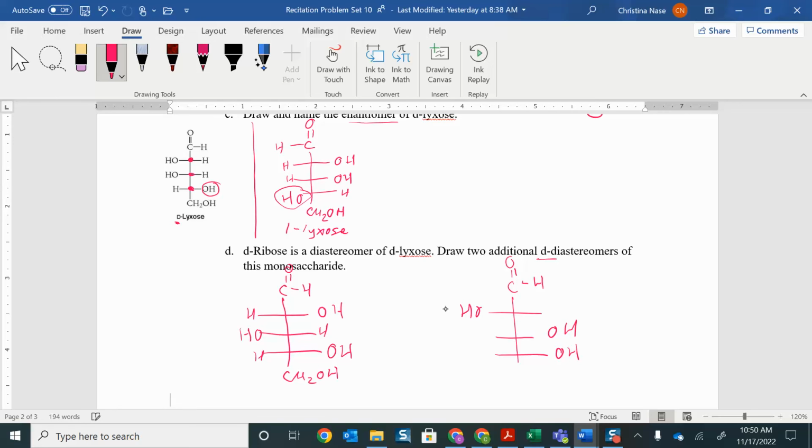Put in my hydrogens. The other one is ribose. Ribose is when they're all on the same side. They didn't ask you to draw this. You don't have to draw this. I just wanted to show you. The ribose is going to look like that. And then each one of these D's is going to have an L that goes with it.